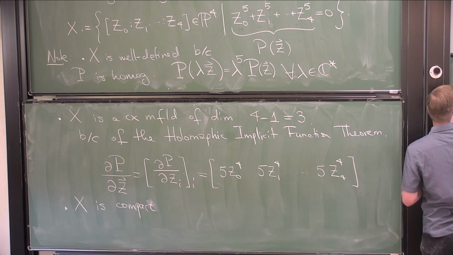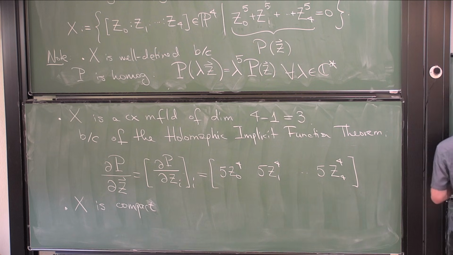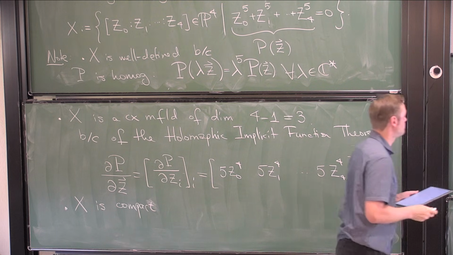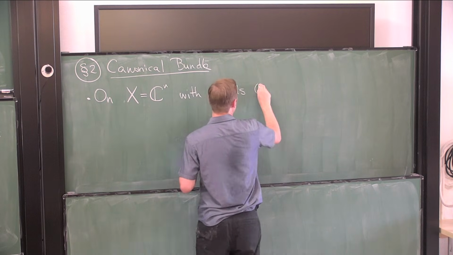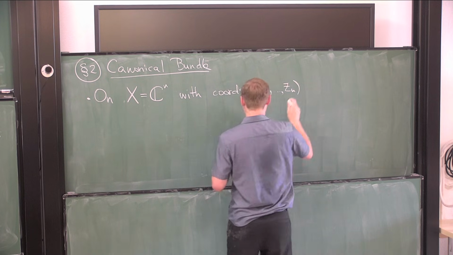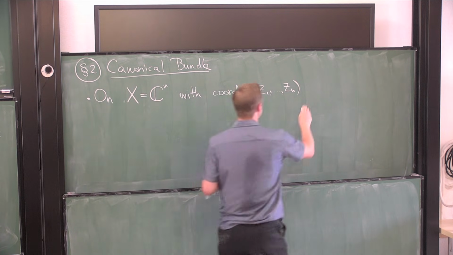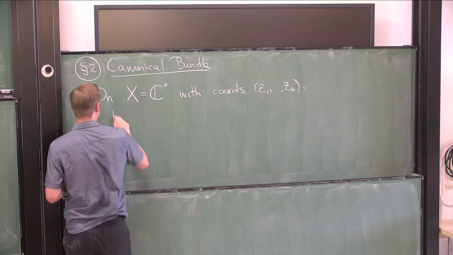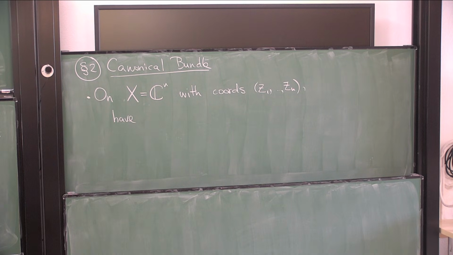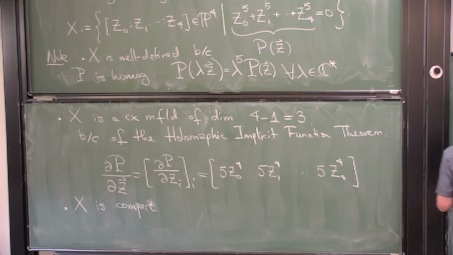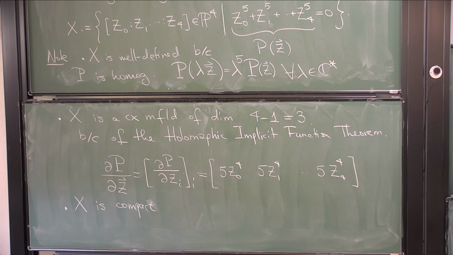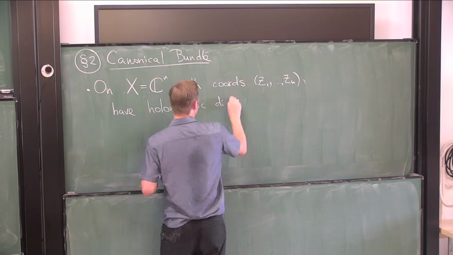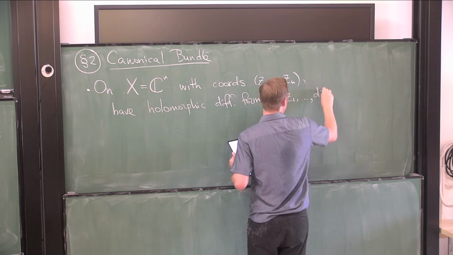Okay, so let's go back to Euclidean space. On C to the n with standard coordinates Z1 through Zn, just like in real differential geometry, you have differential forms, so local coordinates induce differential forms, and in this case, they also induce what we call holomorphic differential forms, dz1 to dzn.